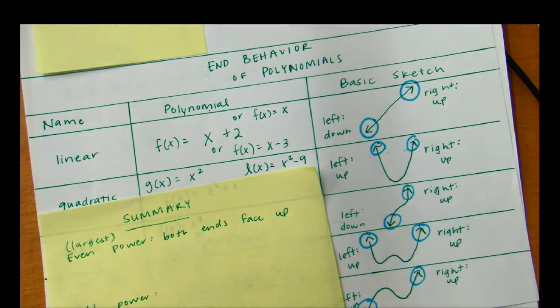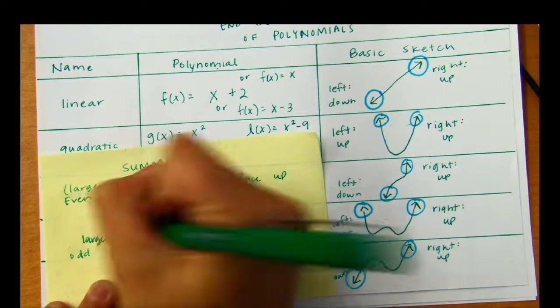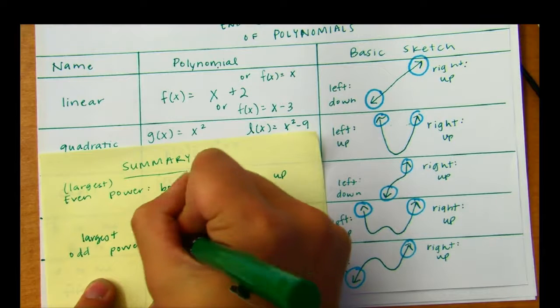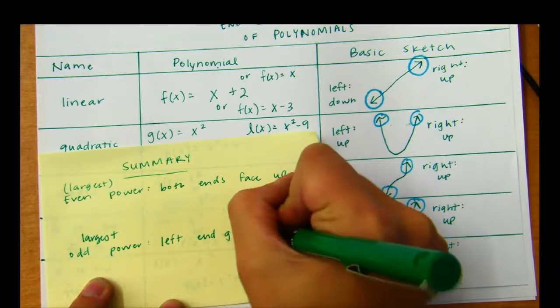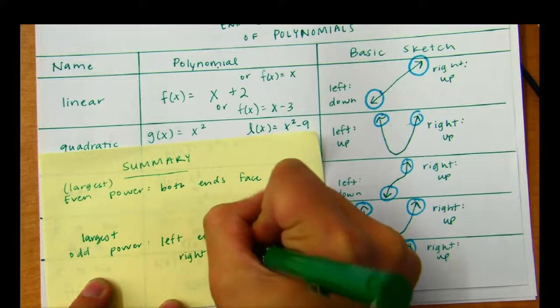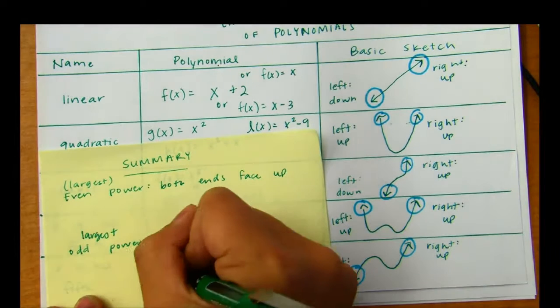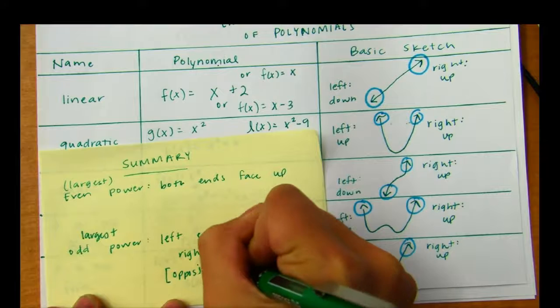If your largest power is odd, then the left end goes down and the right end goes up. Your ends are going in opposite directions.